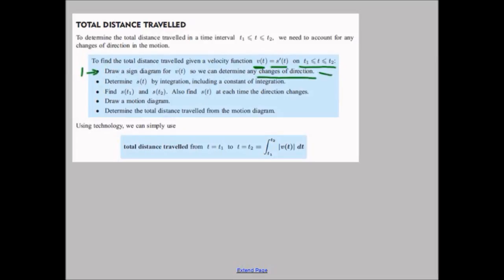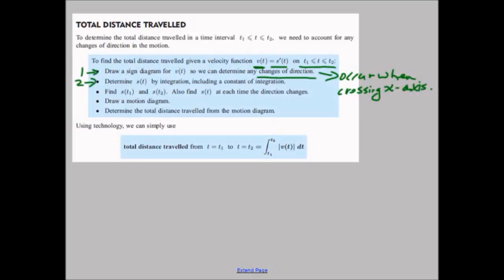Those changes in direction occur when crossing the x-axis. If you're going from negative velocity to positive velocity, we would be changing direction, and if we're going from positive velocity to negative velocity, we would be changing direction. And that would mean crossing the x-axis.